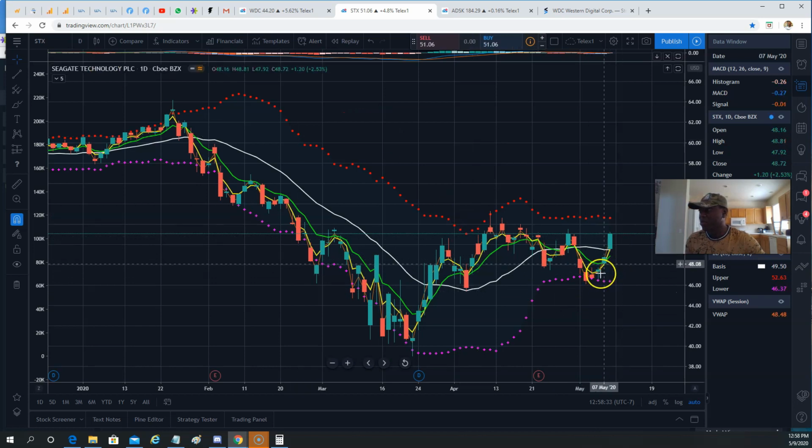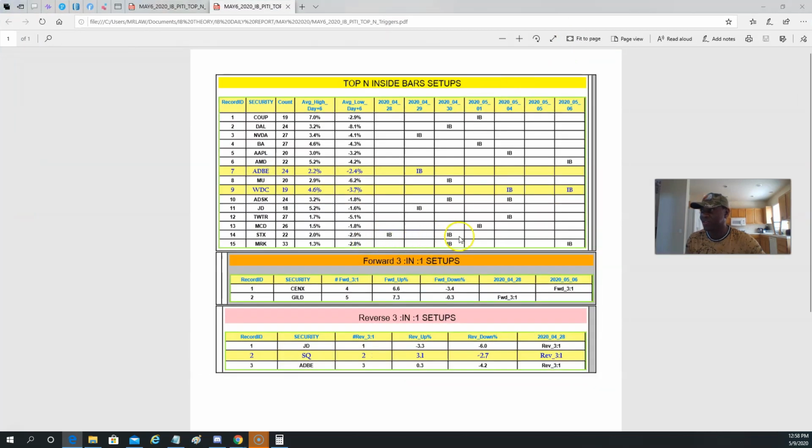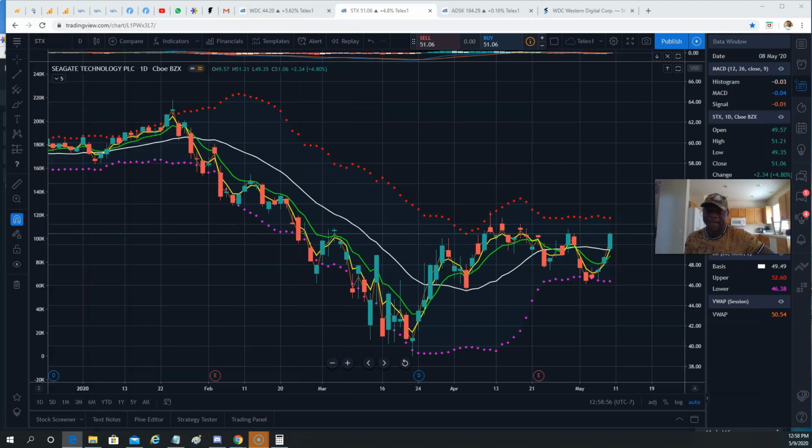This is a run that started on the 6th through the 8th. The back-to-back alerts on STX came on the 30th, so the last Friday. So within a week, if you entered a call position on STX, you were able to capitalize yesterday big time. That's how powerful they were.